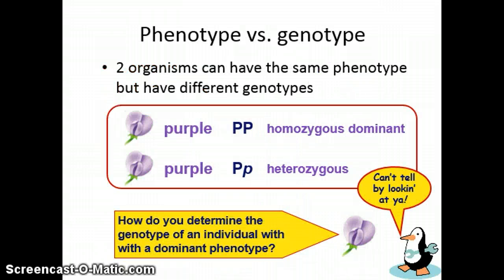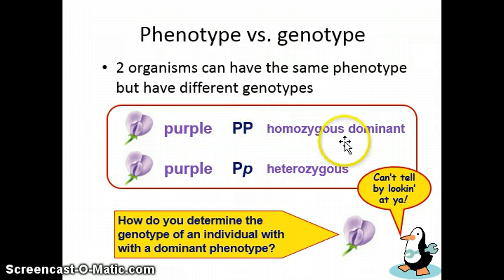Two organisms can have the same phenotype but different genotypes. The only time this happens is when the dominant trait is being expressed. In the case of flower color, when purple is expressed, we can have 2 different genotypes that express the phenotype of purple.